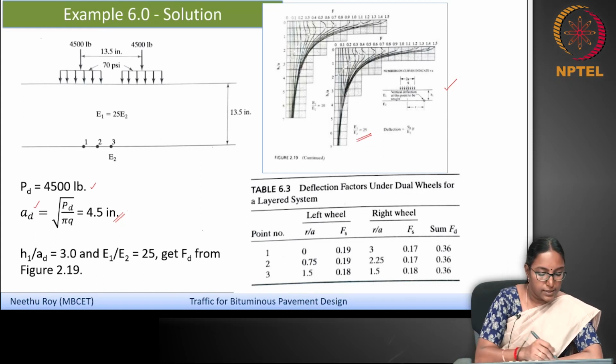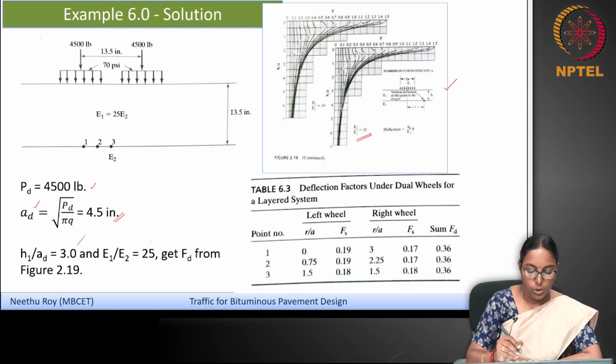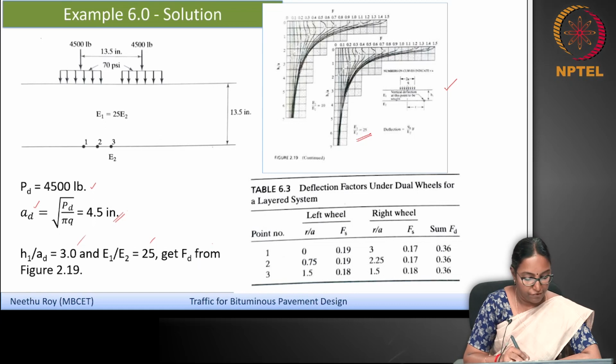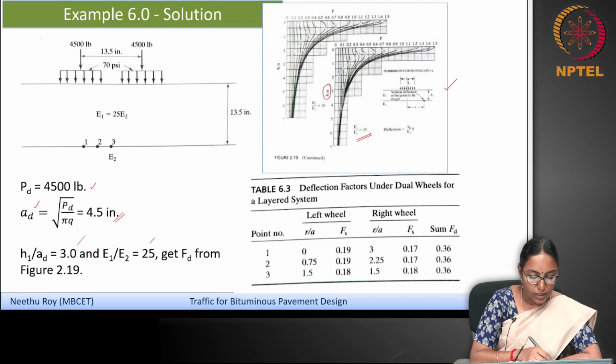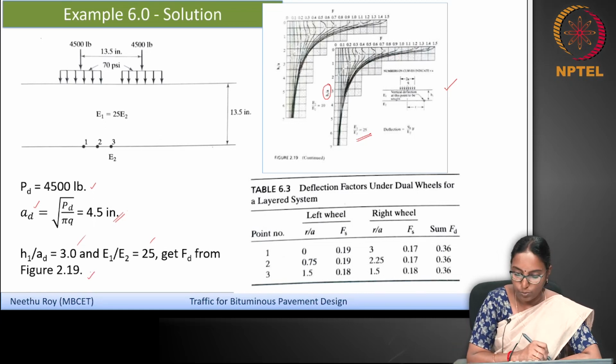Now let us take the dual wheel, so H1 by AD, or Z by A, is 3, and E1 by E2 is equal to 25. You can get Fd from the figure. This is E1 by E2 equal to 25 and this is the thickness H by A. It's difficult to read this value from figure 2.19.